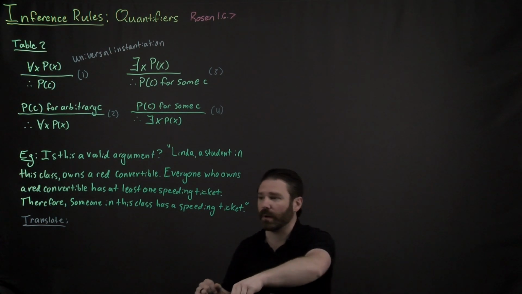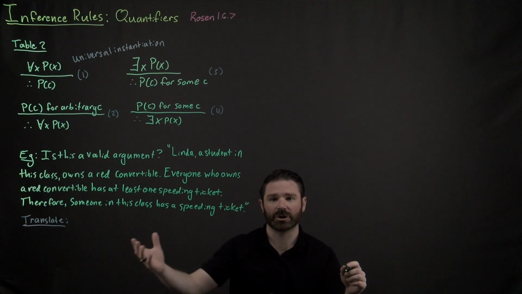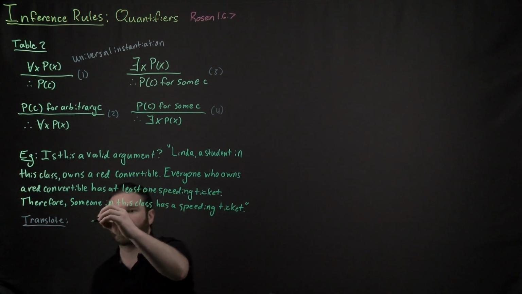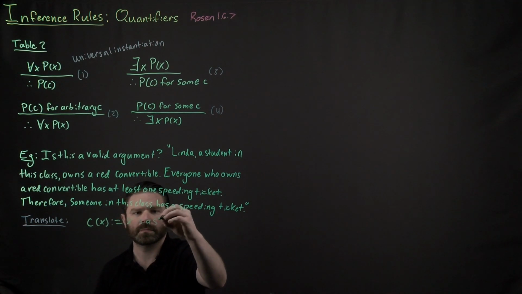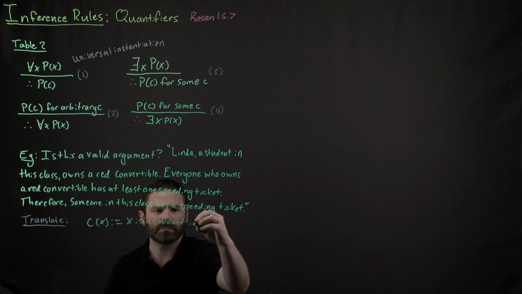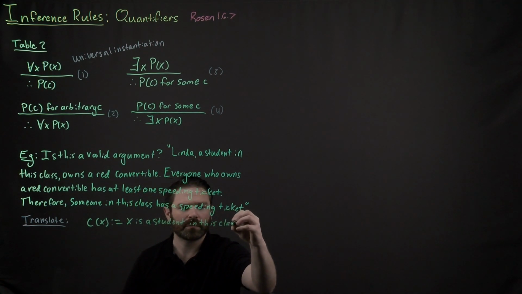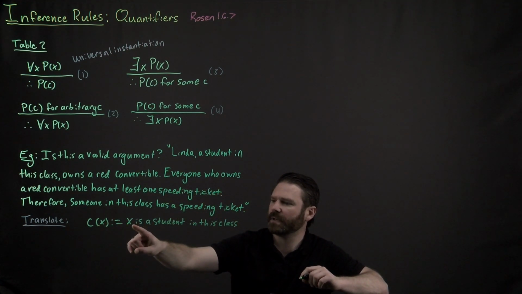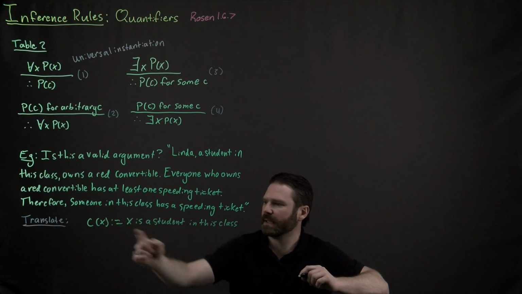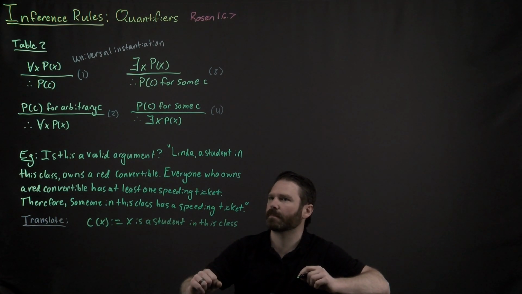So I can represent that as C of x is defined to be x is a student in this class. C for class right here.